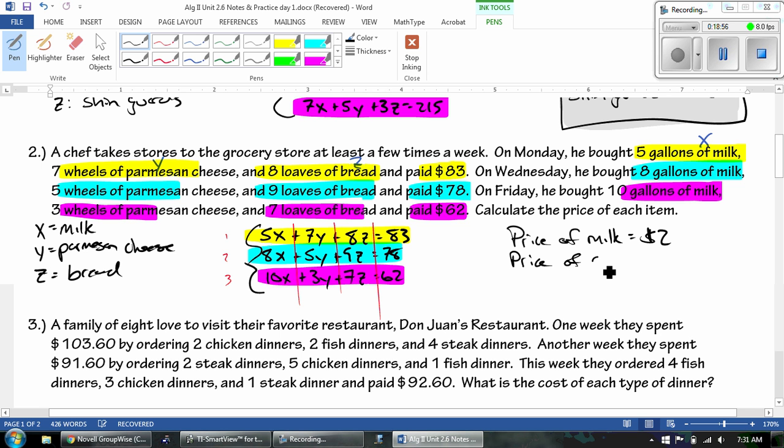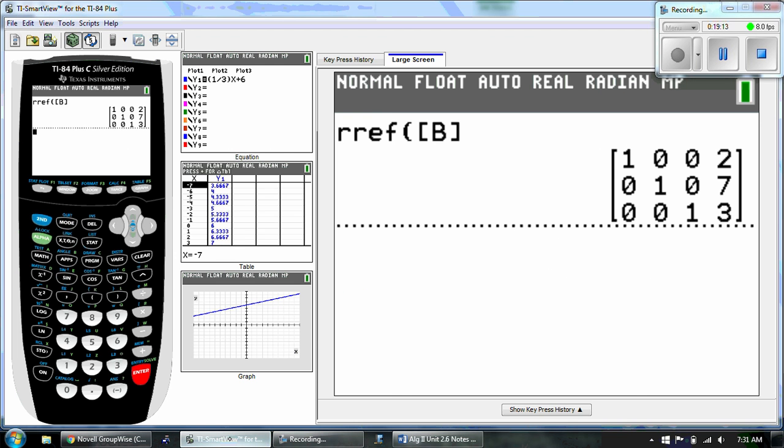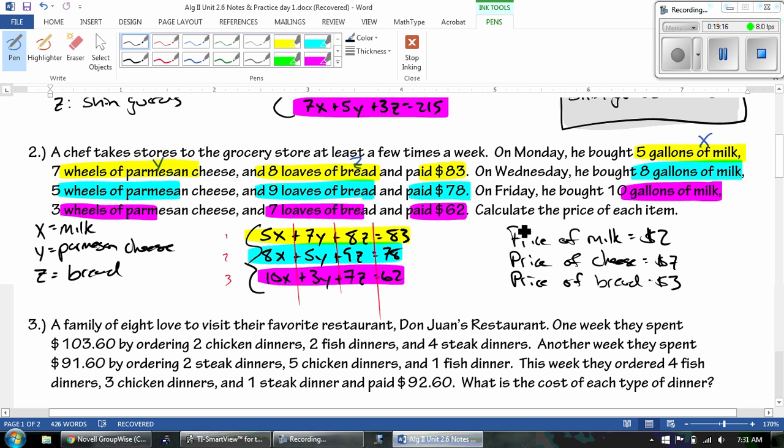The price of the cheese equals $7. And the last one, the price of the bread, because that's what we were trying to find, was $3. And just double check, 2, 7, and 3.